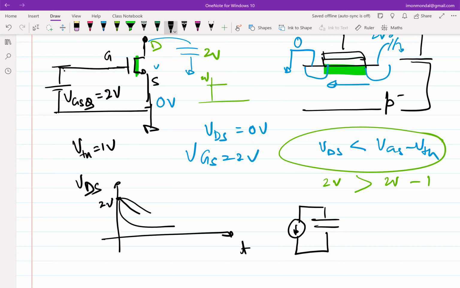You are taking current off the capacitor at a constant rate, which means the voltage will go down linearly. And it will go down linearly till VDS equal to 1 volt, because after that you are going into linear region of operation, right?